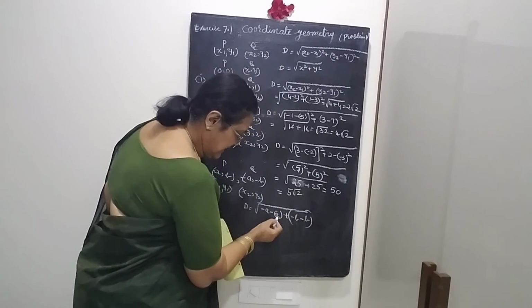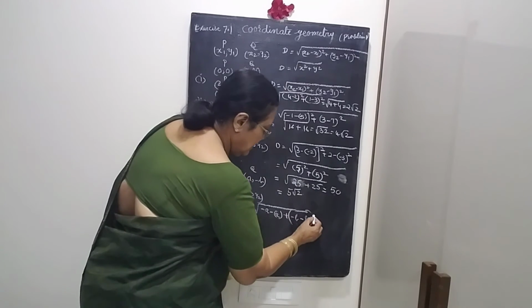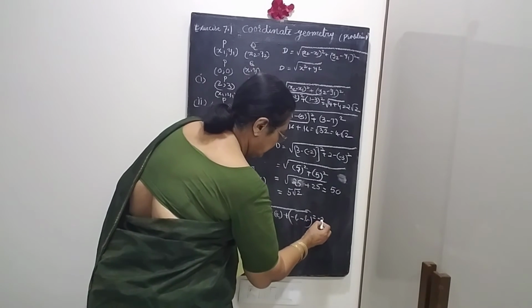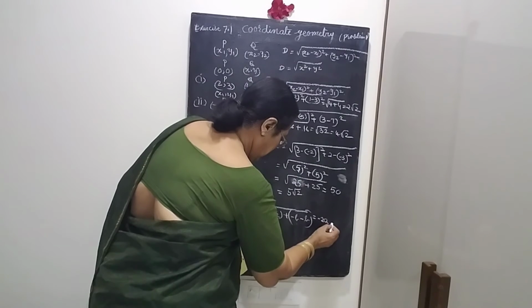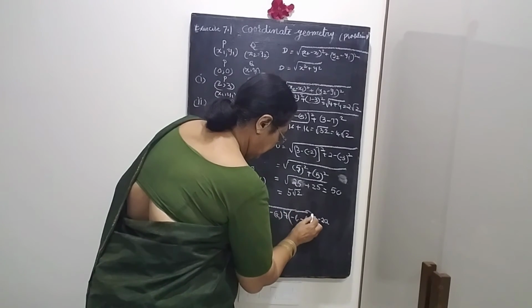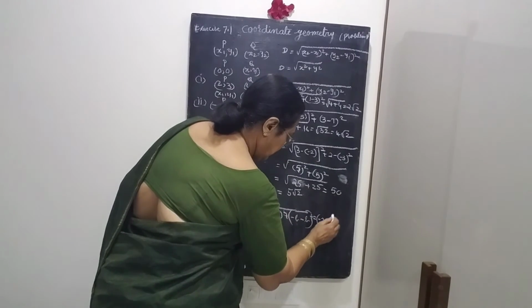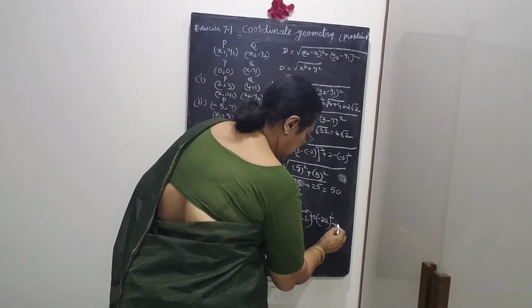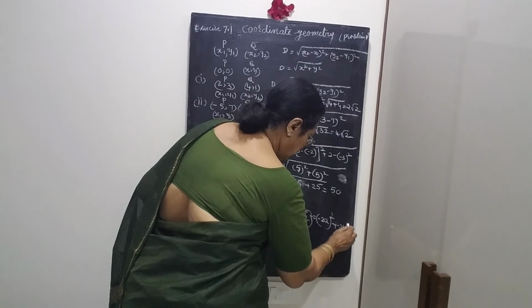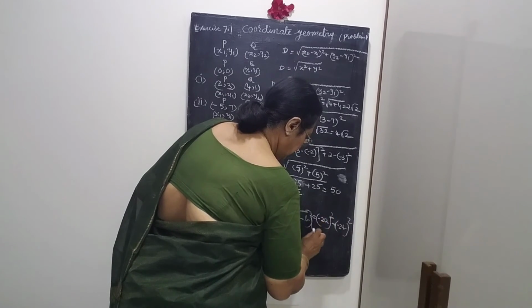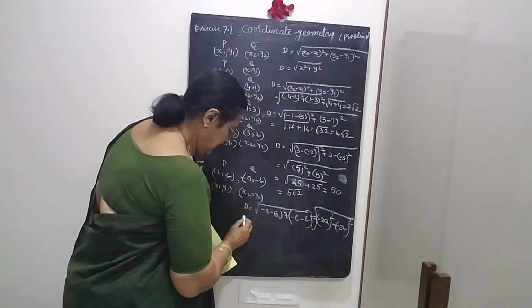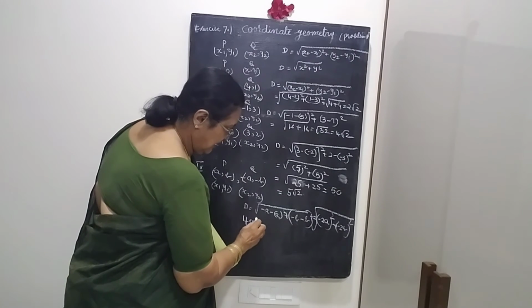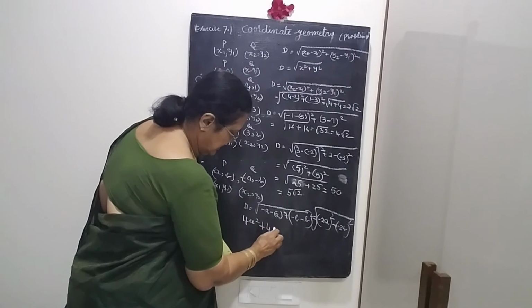So minus A and minus A is minus 2A, whole square, plus minus B and minus B, minus 2B, whole square. That is 4A square plus 4B square.